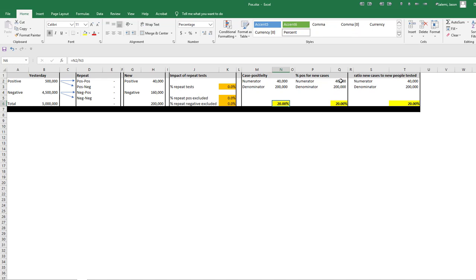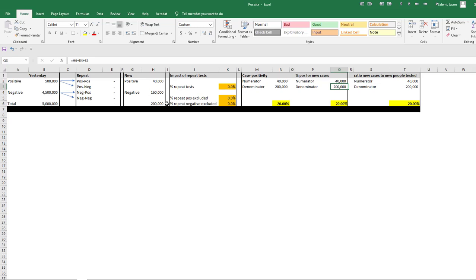What would I do with the percent positive for new cases? So again, the numerator in that is brand new people who have tested positive, who've never been tested before. In this scenario, that is all 40,000 people, because I mentioned that these are brand new people who have never been tested. So the numerator is the same. In this case, the denominator is also the same, because if you remember, this is total people tested minus people who had tested positive on a previous day.